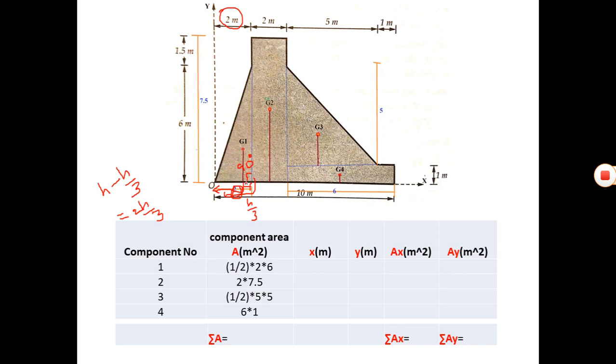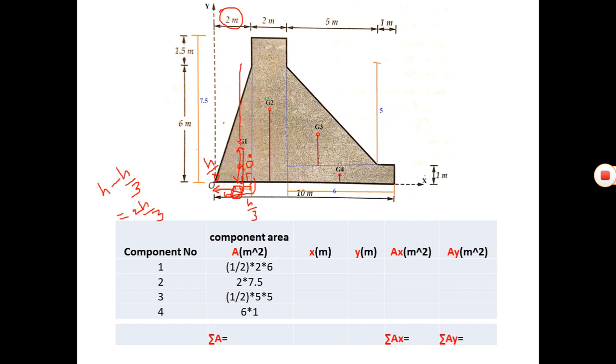Okay. So similarly in the y-axis, it is at a distance of h by 3 from the base. So what about this side?